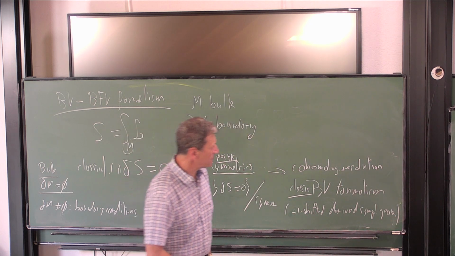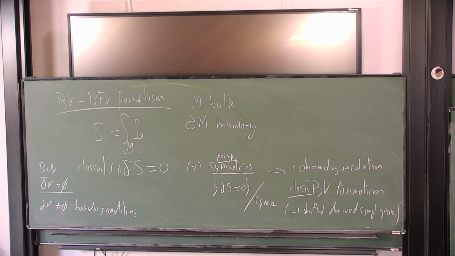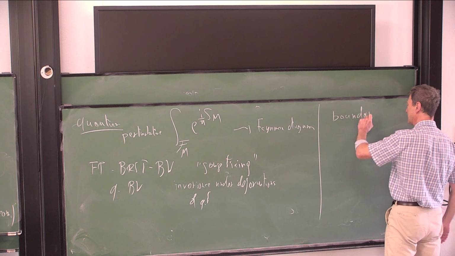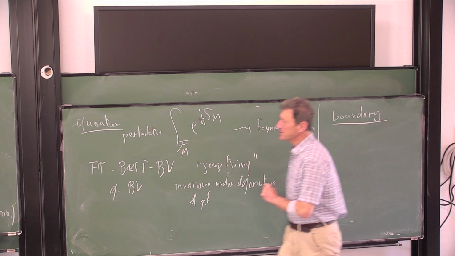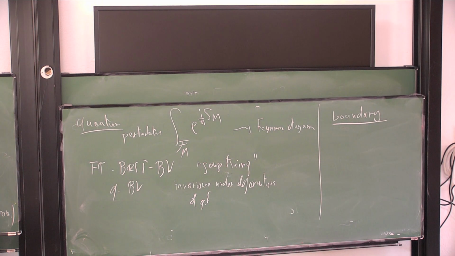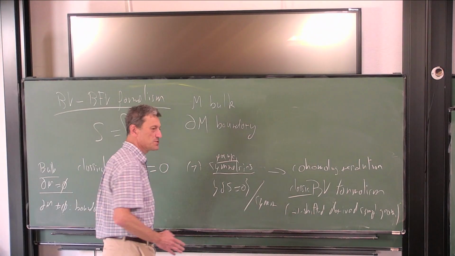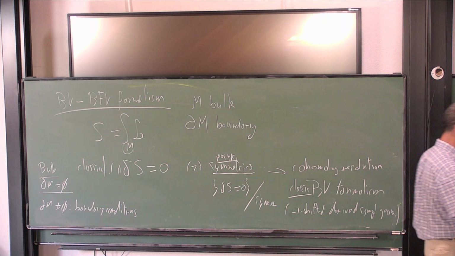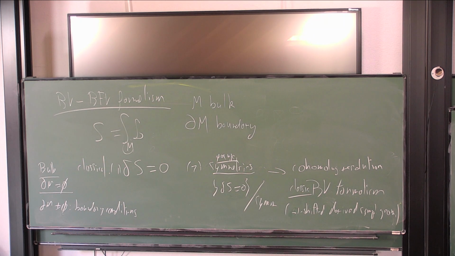Okay, the other thing that I want to talk about, and actually we'll talk about it before doing this, is what happens if you have a boundary. So if the boundary of the manifold is not empty, then of course there is a problem that you have to impose boundary conditions in a reasonable way. Reasonable, first, from the point of view of PDE, you want the problem to be well posed.